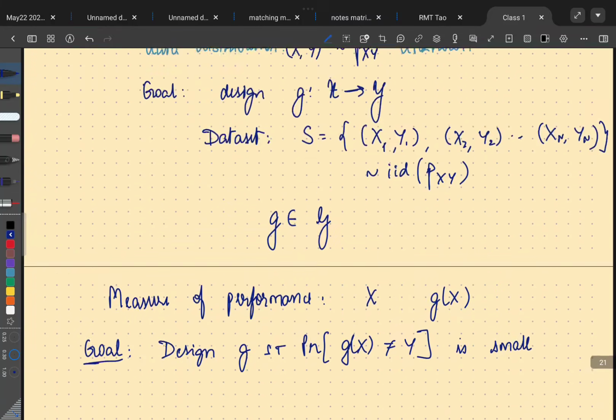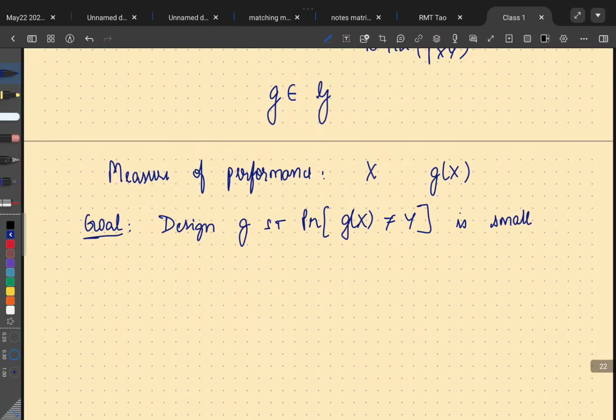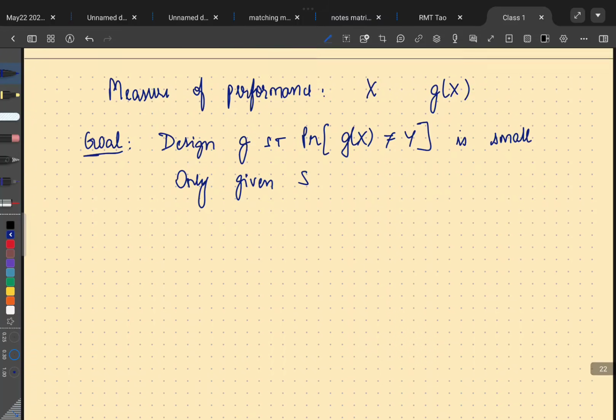I only am given a set of samples. I'm only given the data set S, and this set S consists of n samples. But what we know is that all of these samples are drawn from the same distribution pxy.